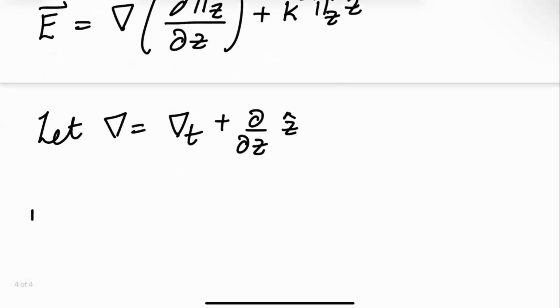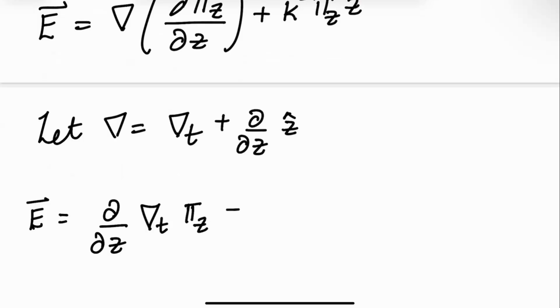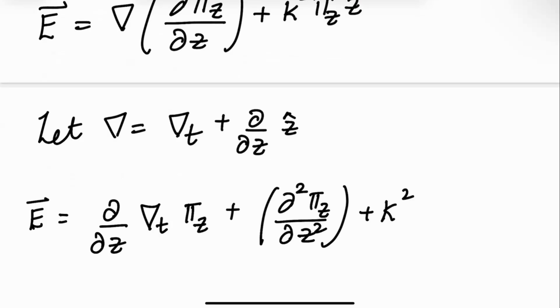Doing this, we can write E as d over dz of the transverse gradient of pi z, plus d square pi z over dz square plus k square pi z, and this whole thing is under z hat.